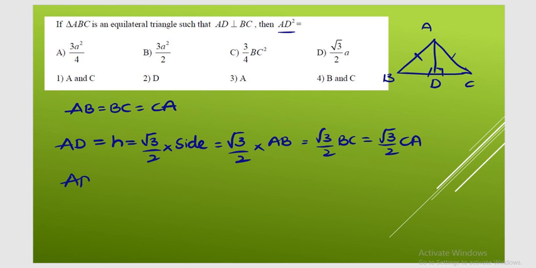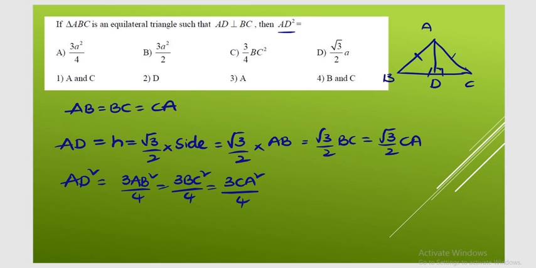Since I am asked to find AD square, AD square means I am going to get 3 AB square by 4, or 3 BC square by 4, or 3 CA square by 4. Right?